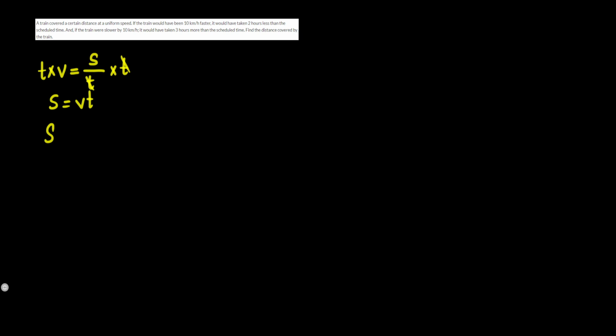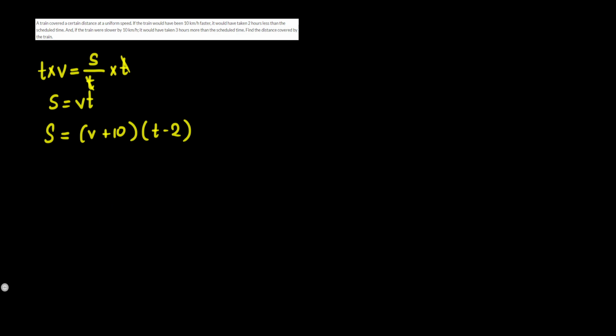So to get to that same distance, I sped up my train to speed plus 10 kilometers per hour, and I'm going to multiply that by my time. It is 2 hours less than the initial time, so that's t minus 2.